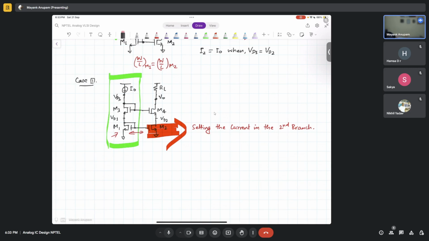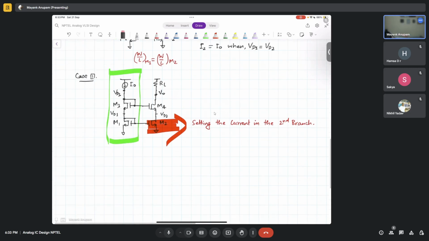So the point that I'm trying to make here is that the current in the right branch is being controlled by M2, which in turn is being controlled by M1, right? So you can say that the total current that is going to flow through here is somehow being controlled by M1, isn't it?